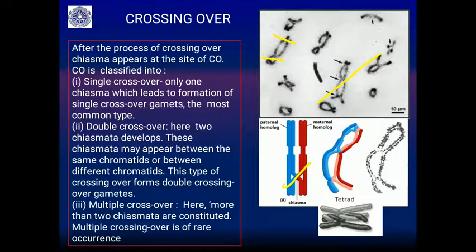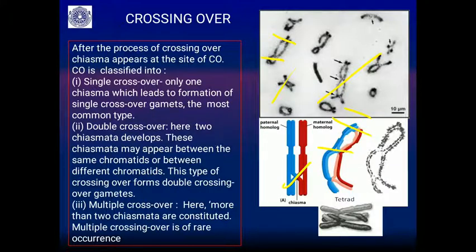There may be crossing over at two places, so two chiasmata develop. These chiasmata may appear between the same non-sister chromatids or between different non-sister chromatids.